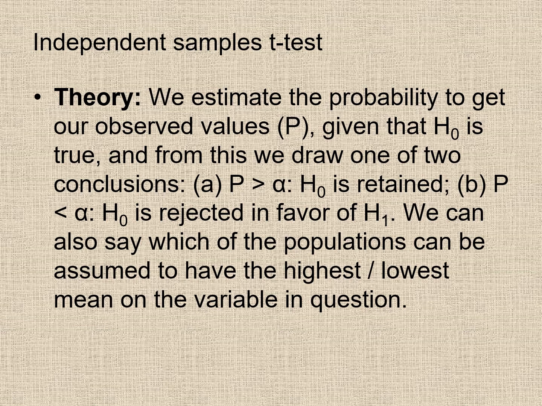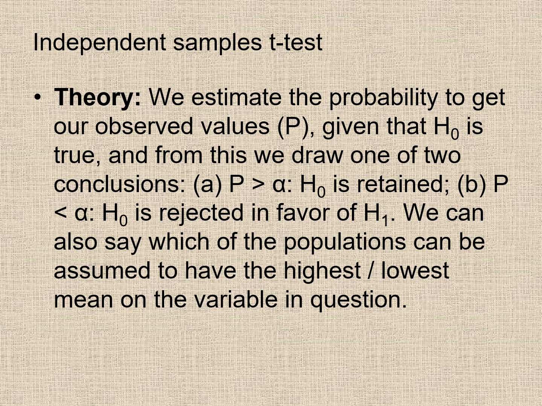We calculate the probability of getting two sample means that deviate this much or more from each other if the null hypothesis is correct and the two populations actually have exactly the same mean on the variable in question. So that's our p-value, that's our probability, and we have a look at this. If this p-value is larger than our significance level, larger than 0.05, then we retain the null hypothesis.